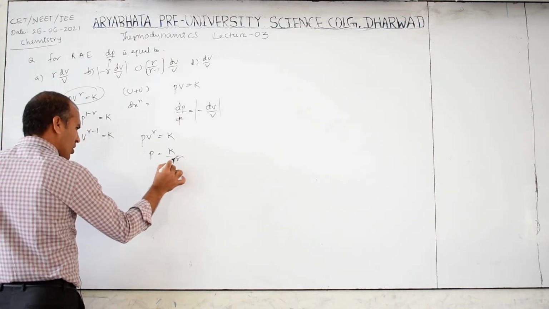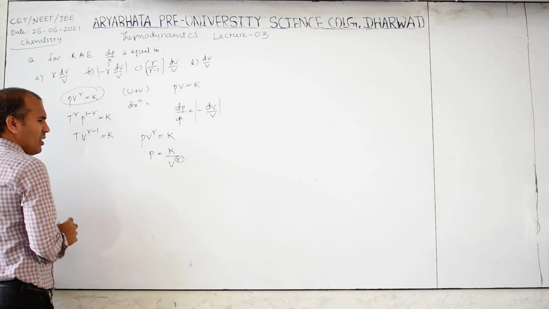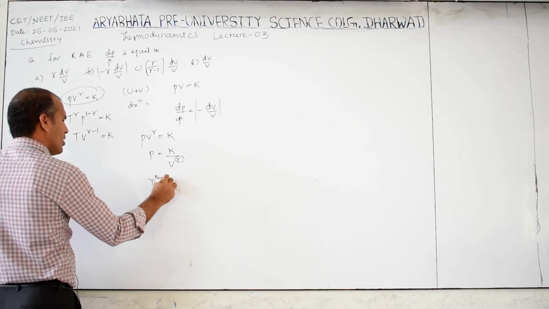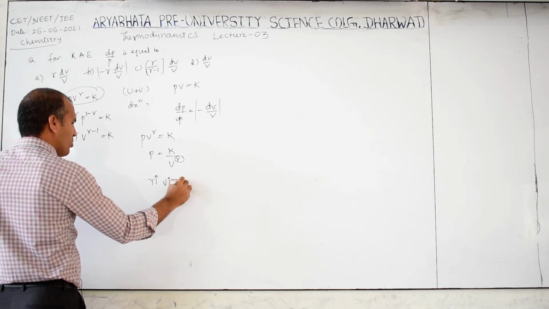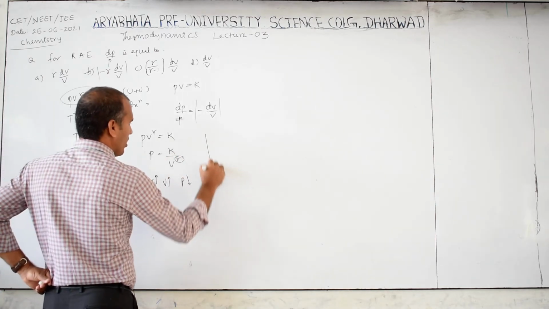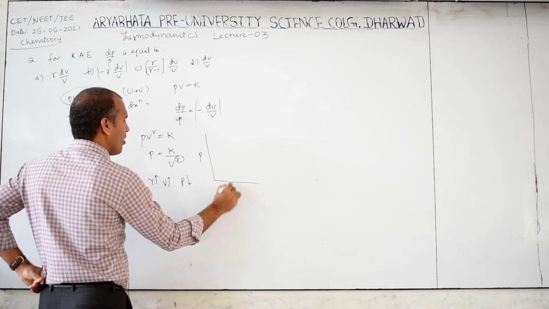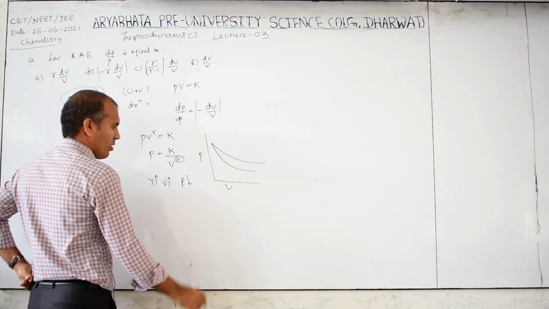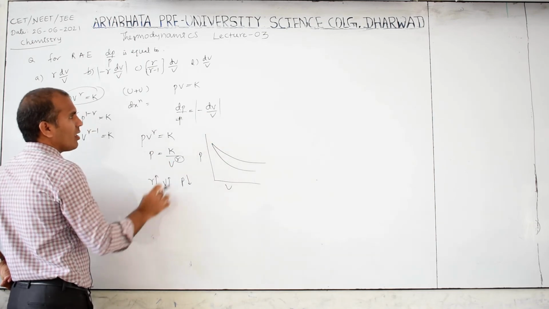Since gamma is greater, as volume increases, pressure decreases. In the PV graph, this is isothermal and this is adiabatic. So in this case, what is there?